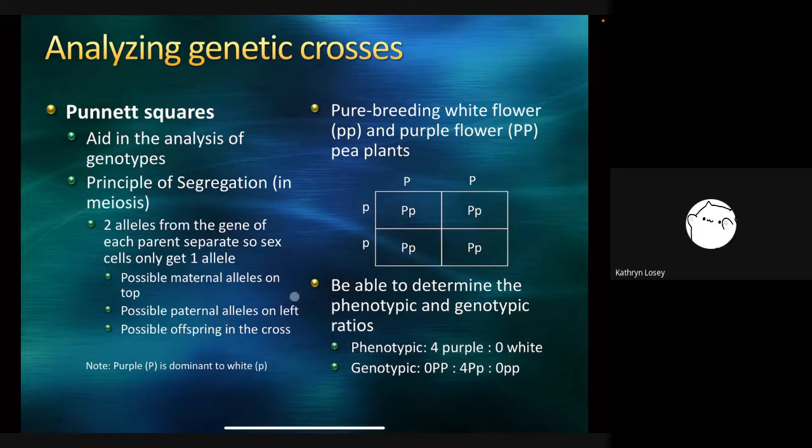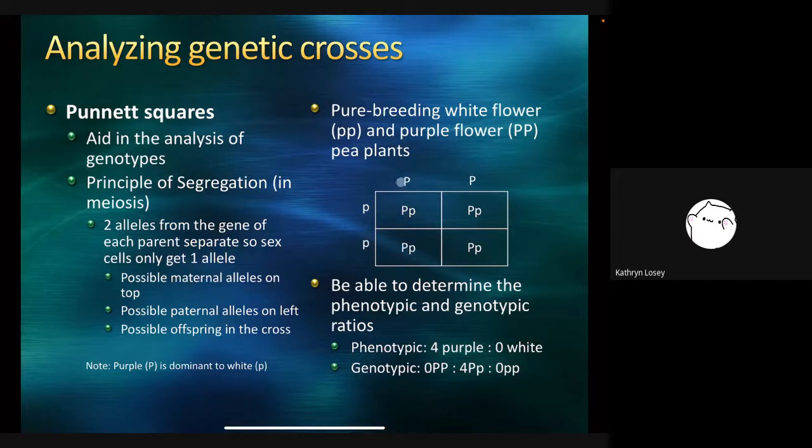In this case, this is a pure breeding white flower. White is recessive, so that's lowercase p, p, and a pure breeding purple pea plant is capital P, capital P. Purple in this case is dominant to white. You separate those 2 capital P's, 1 goes in each column, and the 2 lowercase p's, 1 goes in each row.